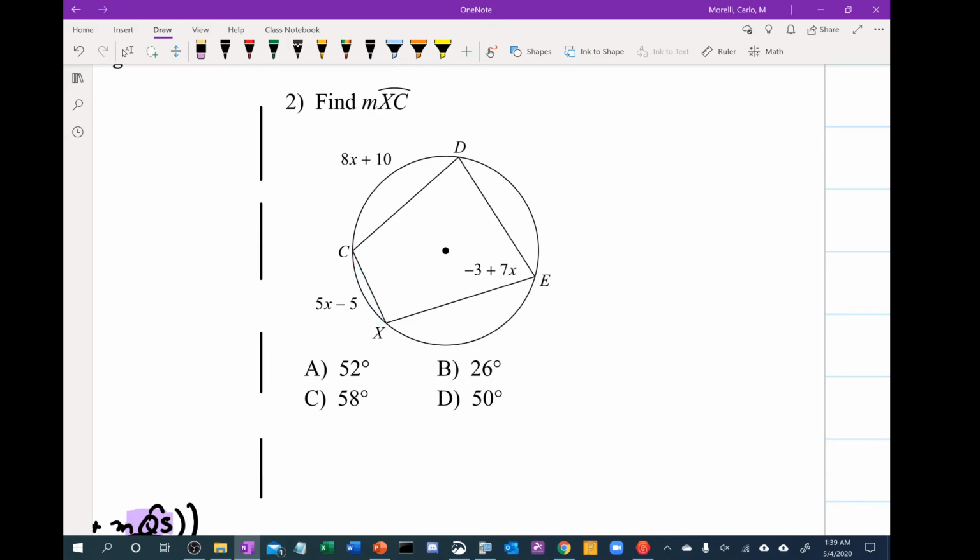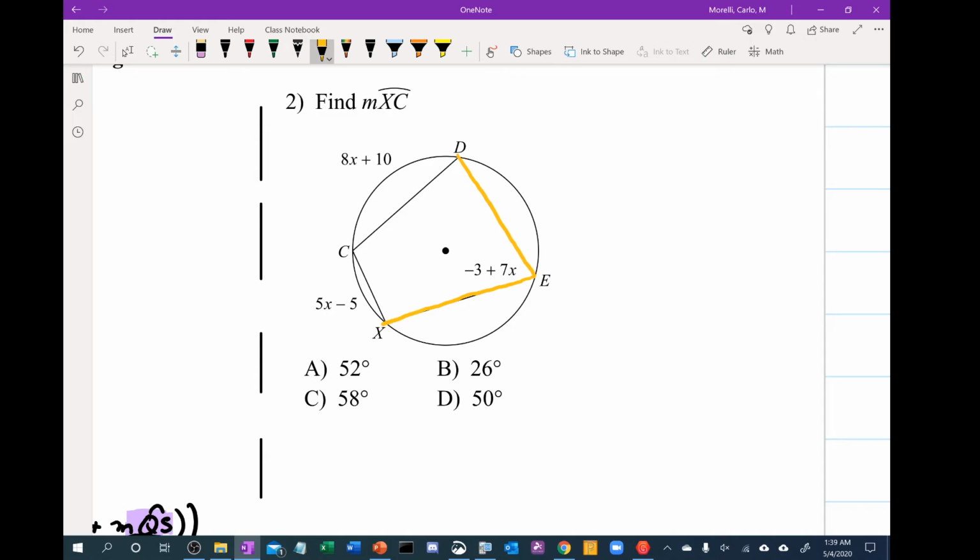So let's notice something. We are given the measure of angle E is 3x plus 7. Okay? So let's look at that. The measure of angle E is this whole angle right here, from here to here.